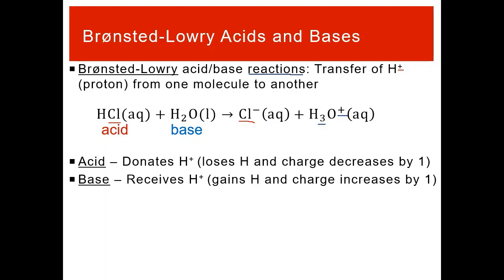And so when we're dealing with Brønsted-Lowry acid-base reactions now, we're talking overall about the two molecules that are participating in this reaction. We can see this is still the same description kind of as Arrhenius. It's just now you're recognizing the fact that the water is participating in the chemistry. The water as a base is receiving the H plus from the acid HCl.